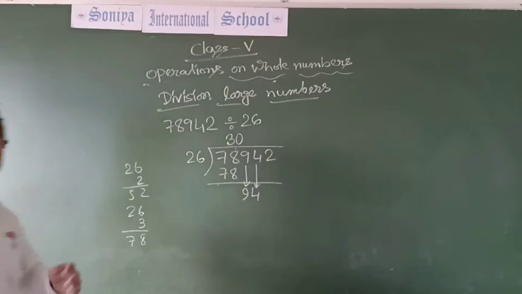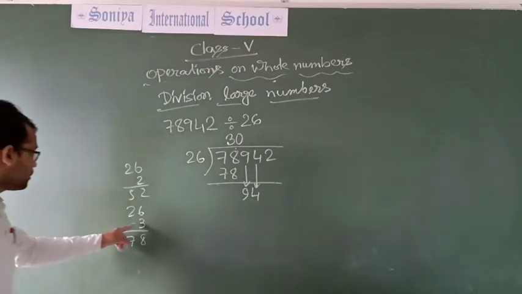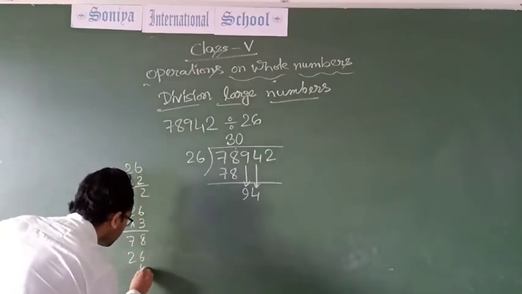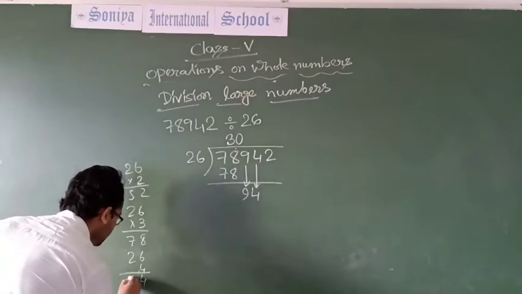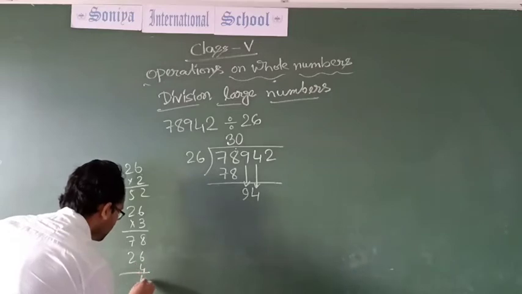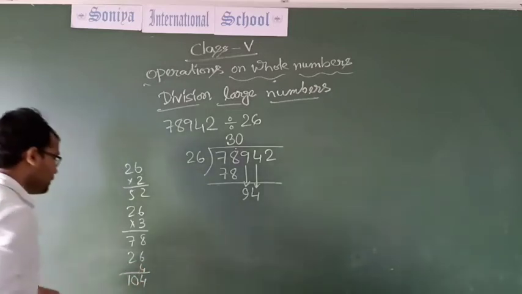Then again multiply, learn the table. 3 times, then 4 times. 26 times 4 is 104.